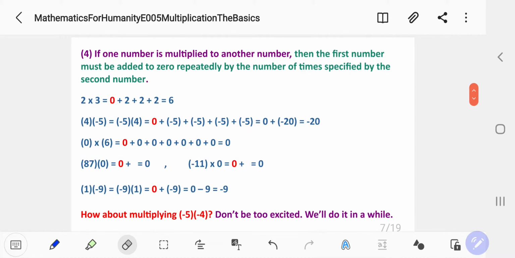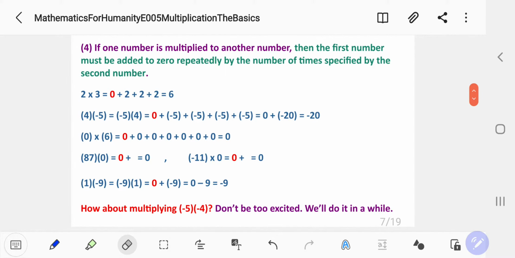The fourth rule is, if one number is multiplied to another number, then the first number must be added to 0 repeatedly by the number of times specified by the second number.